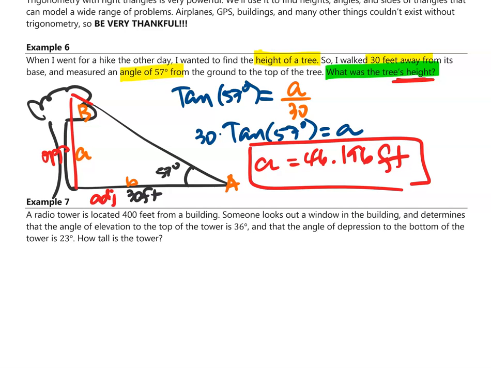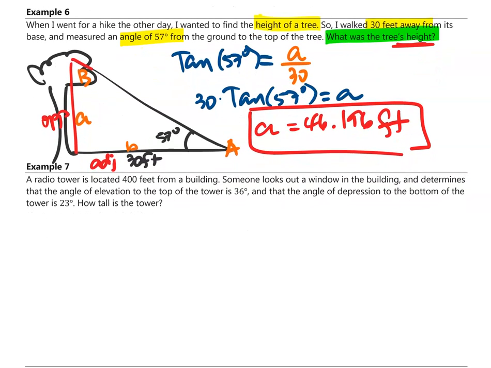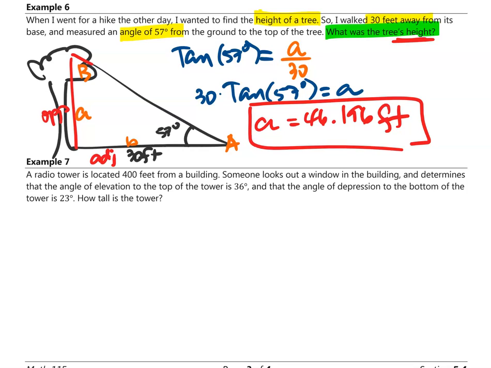Okay. Next one, example 7. A radio tower is located 400 feet from a building. Someone looks out a window in the building and determines that the angle of elevation to the top of the tower is 36 degrees, and that angle of depression to the bottom of the tower is 23 degrees.